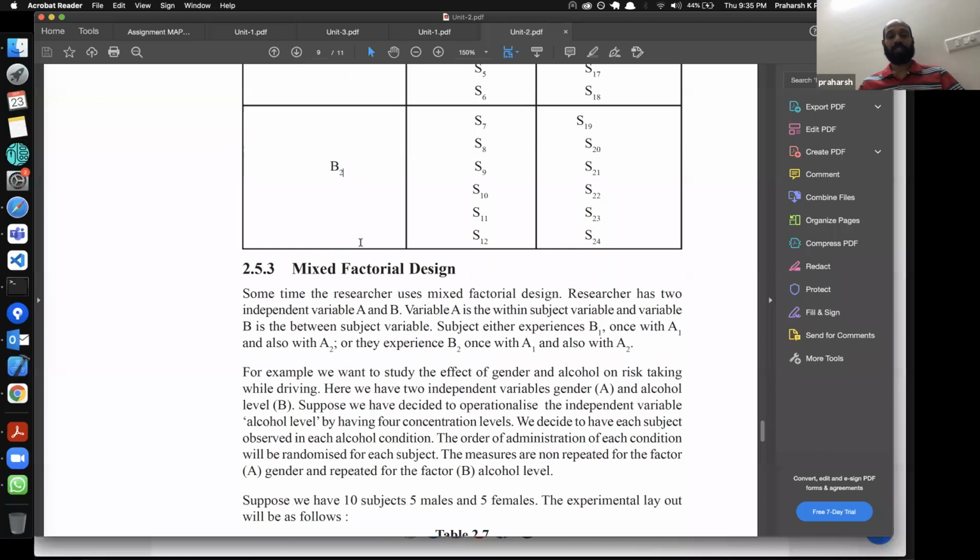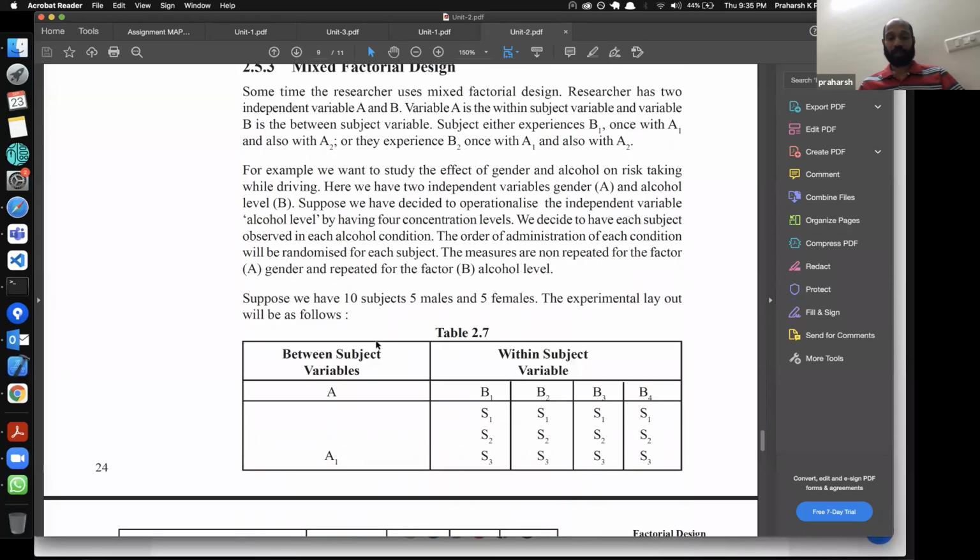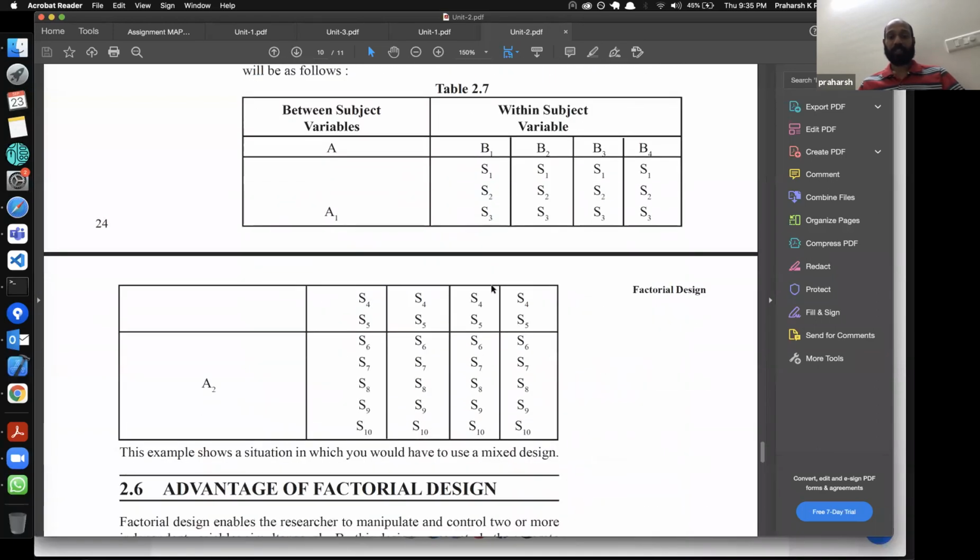Now we have mixed factorial design also, where everything is the same, but you will see that for all the variations of A, that is recollecting on the beach, it was done by the same set of people, but in different conditions. Let's say this is recollecting, this is learning.